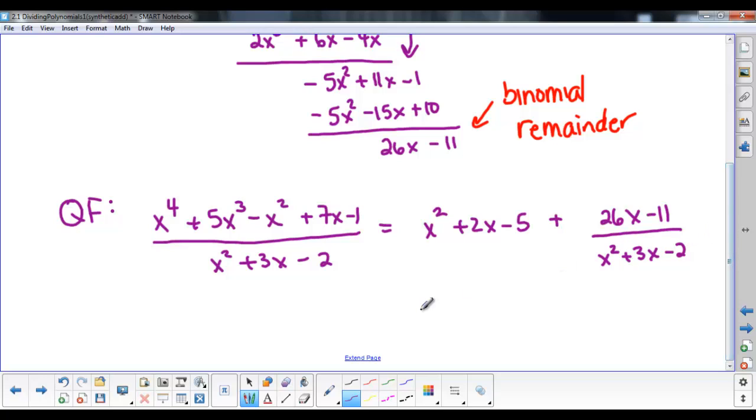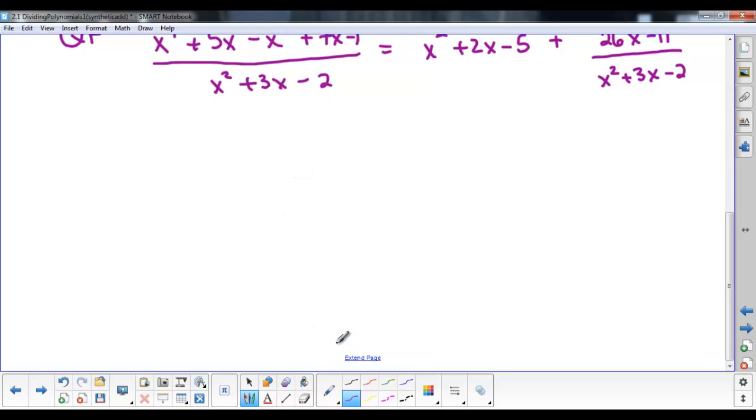Now, this one's a little bit tricky, where if we wanted to find restrictions on our divisor, we would need to find out when our divisor equals 0.